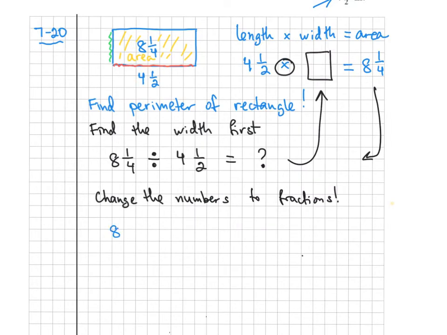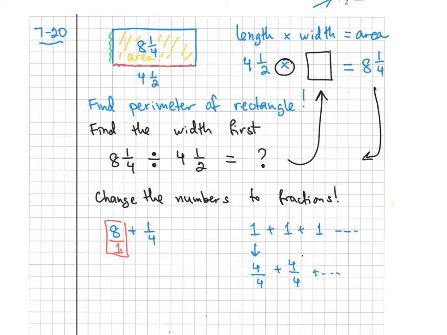8 1/4 means 8 plus 1/4. And now I need to think of how many quarters are in the whole number 8. I could do it slowly by writing 1 plus 1 plus 1, 8 of them, and then change them using the giant one. 4 over 4 is 1. Remember, I need to have a common denominator.